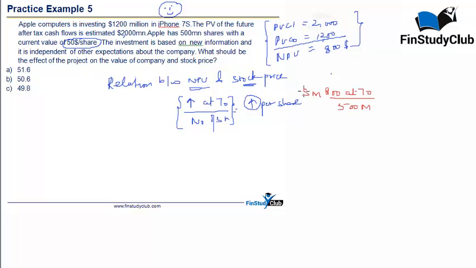So you have your million getting cancelled by million, 800 upon 500, it is $1.6 a share. So here the value should go up by 1.6, so the value should ideally be 50 plus 1.6 is equal to 51.6. So option A becomes the correct answer.